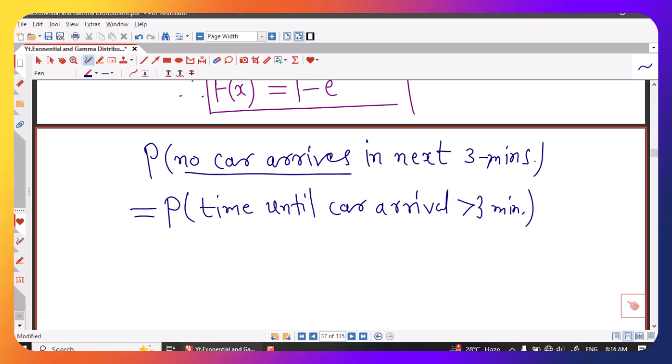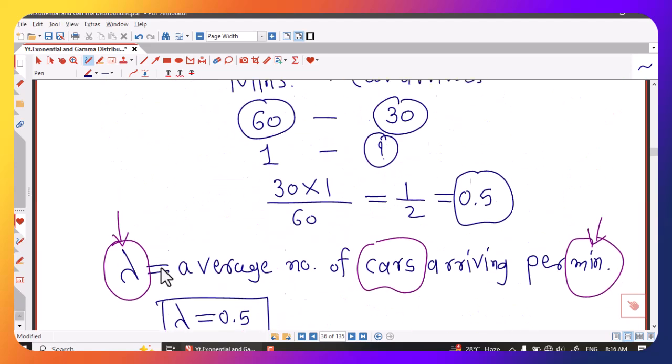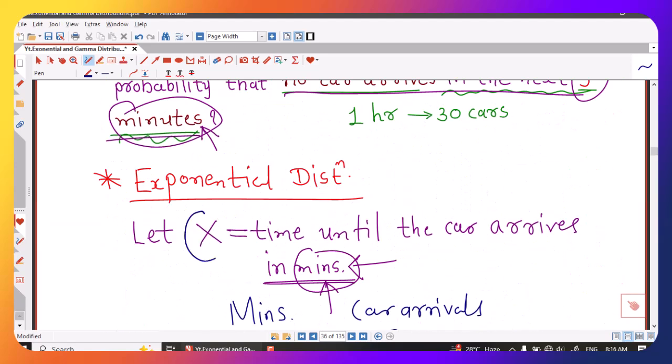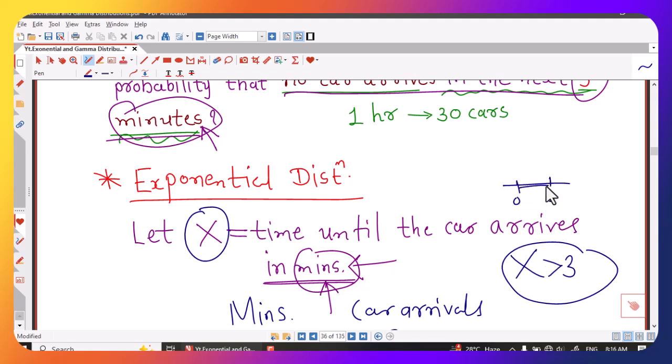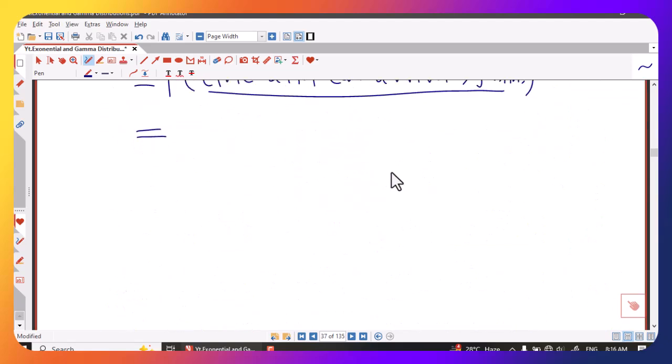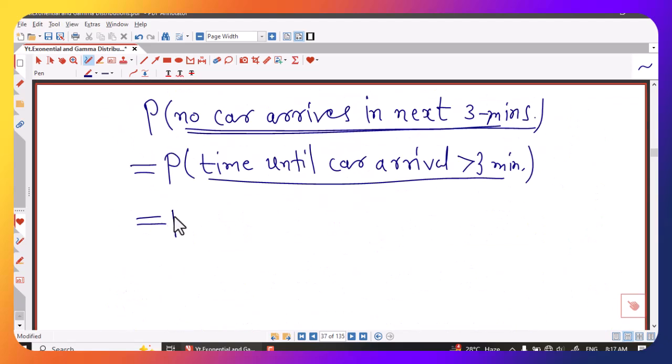So these two statements are equal, but I have rewritten this in the form of time because I want to use the definition of the random variable capital X. We have defined capital X as the time until the car arrives in minutes. So if the time until the car arrives is greater than 3, that means there are no car arrivals in the interval of 3 minutes.